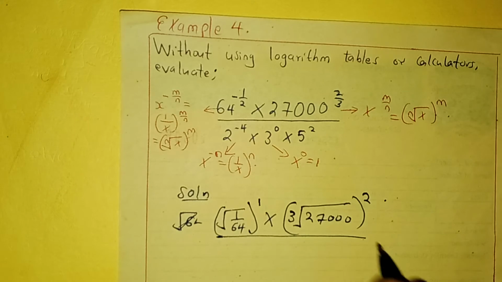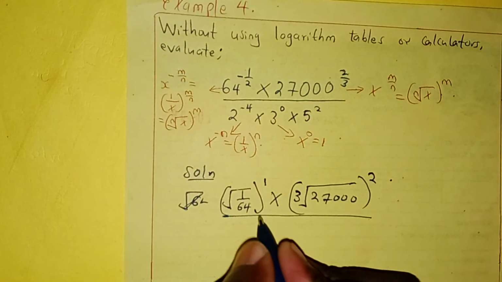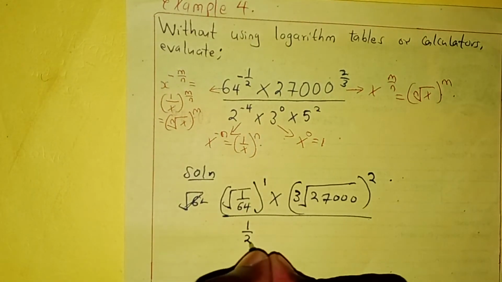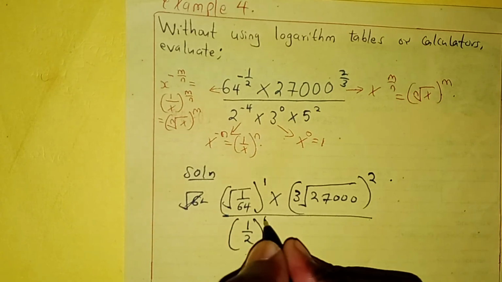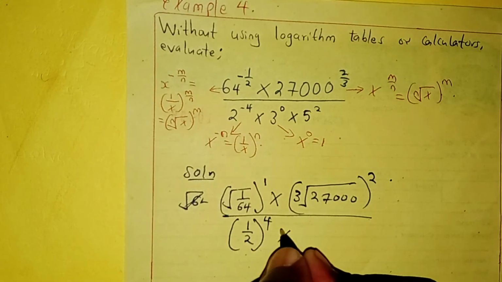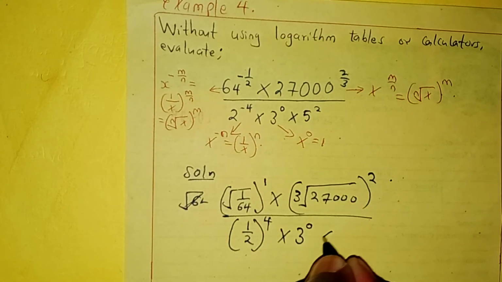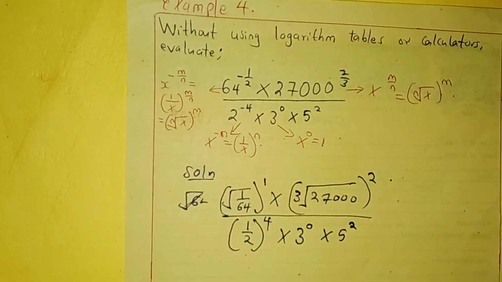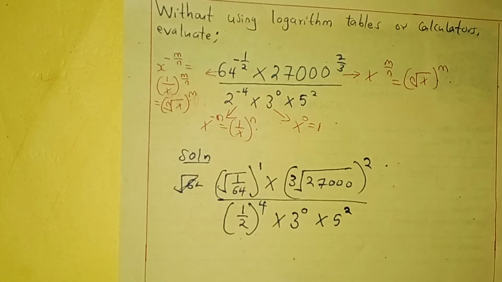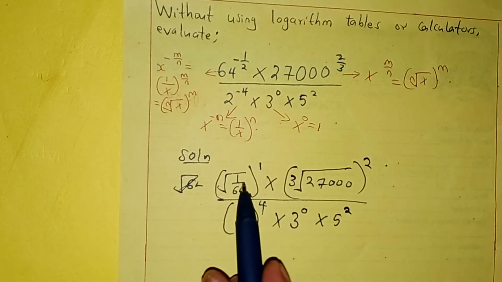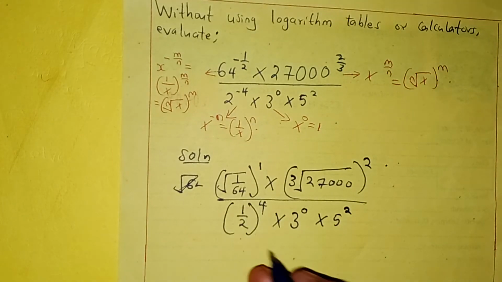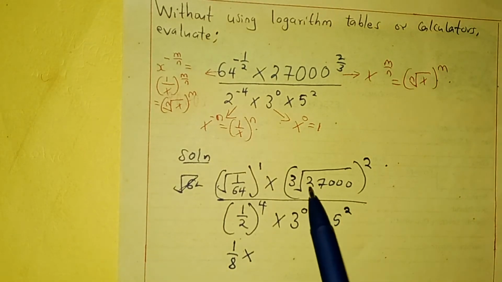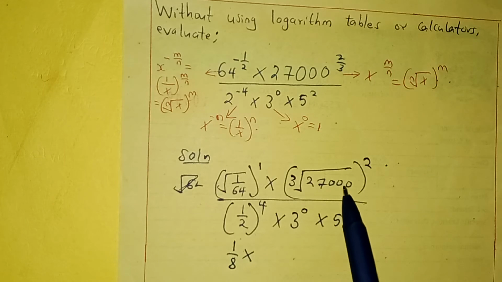then over a half power 4, then times 3 power 0 times 5 power 2, or 5 squared. Now the square root of 1 over 64 is 1 over 8 times the cube root of 27,000, which is 30.